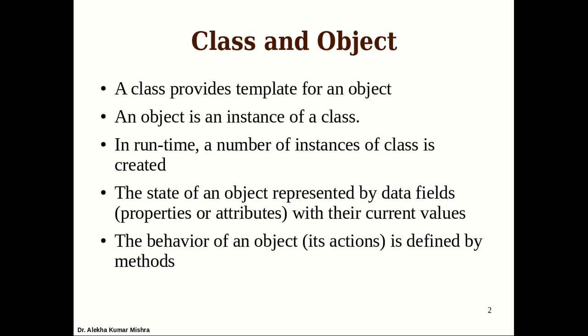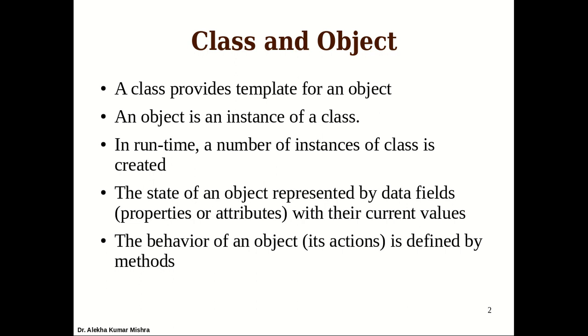When an object is created, during execution it may go through many states. The state of an object is represented by the data fields, or generally the properties or attributes, with their current values. We may have objects whose state changes from time to time, depending upon the operations performed on it, or on other fields or other objects.